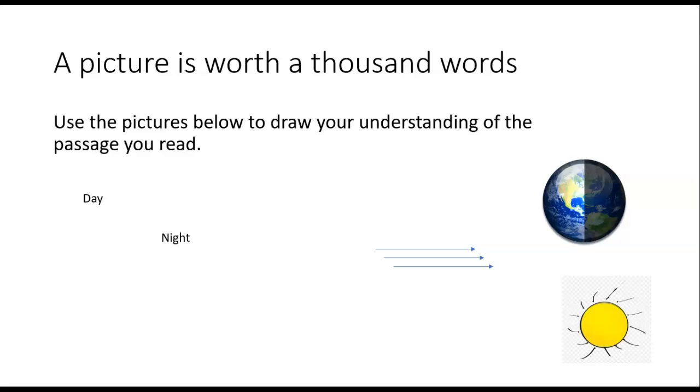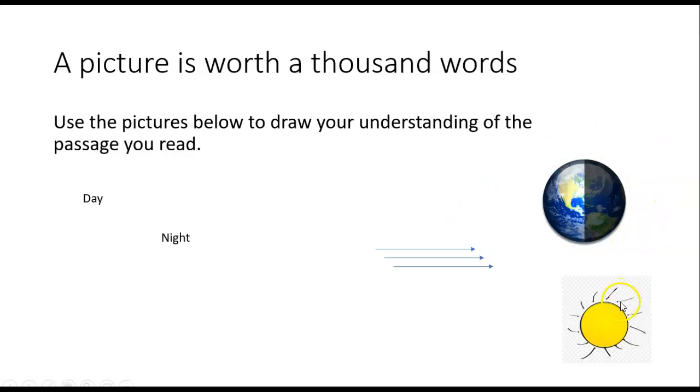After they have completed reading the story, I would have them basically arrange these pictures to show the day and night cycle. So based on what they understand, I want to see if they can show me what they understand.